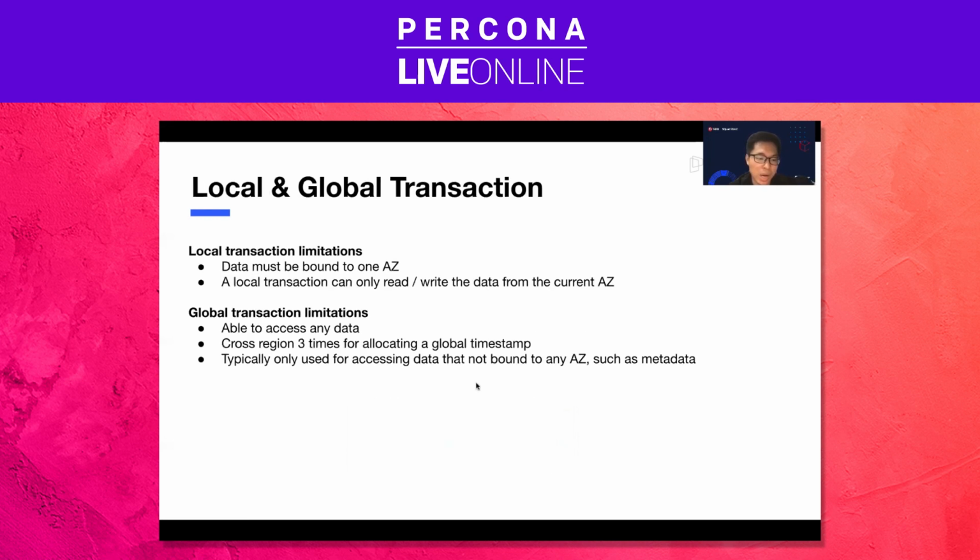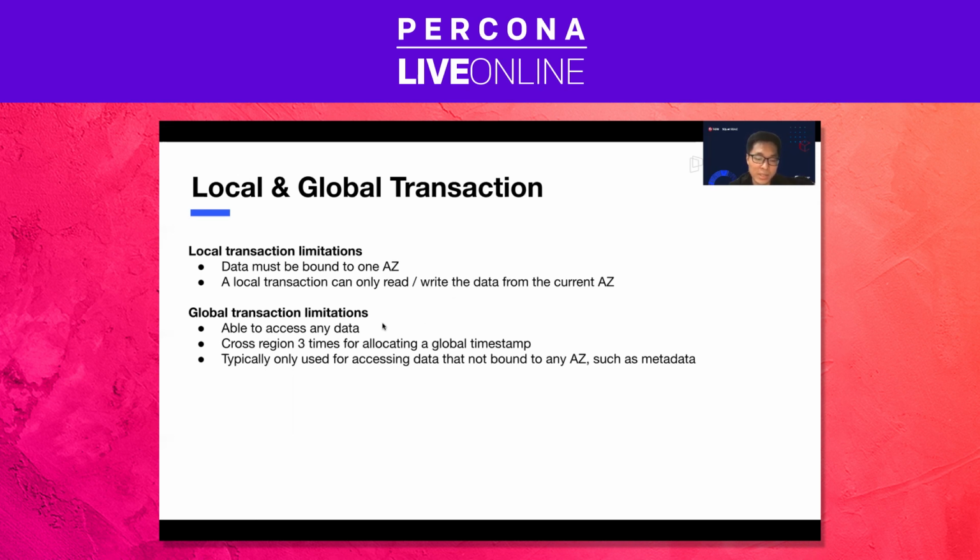I've described how local transactions and global transactions work, but obviously they have some limitations. For local transactions, the data must be bound to one AZ, and a local transaction can only read or write the data from the current AZ, which is not enough for some situations.